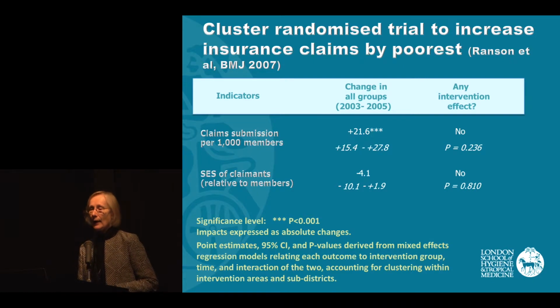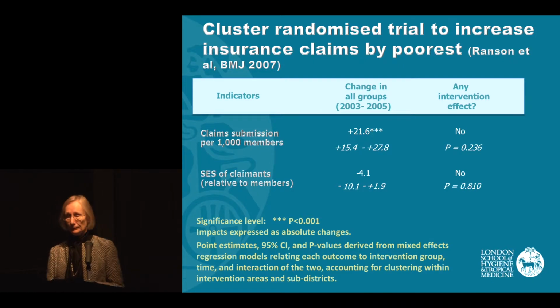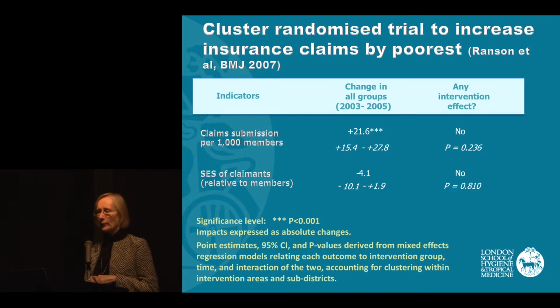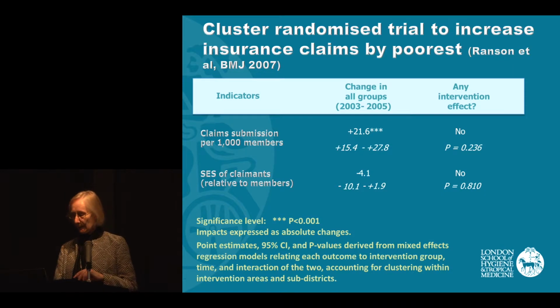So what we did was design a cluster randomized controlled trial. Economists in recent years have got very fascinated by the tools of epidemiologists and have adopted them for their own purposes. This was a cluster randomized trial to test interventions to raise insurance claims by the poorest. We think it was probably the first randomized controlled trial to have an endpoint that was explicitly equity-oriented, to increase insurance claims relatively more in the poorest.